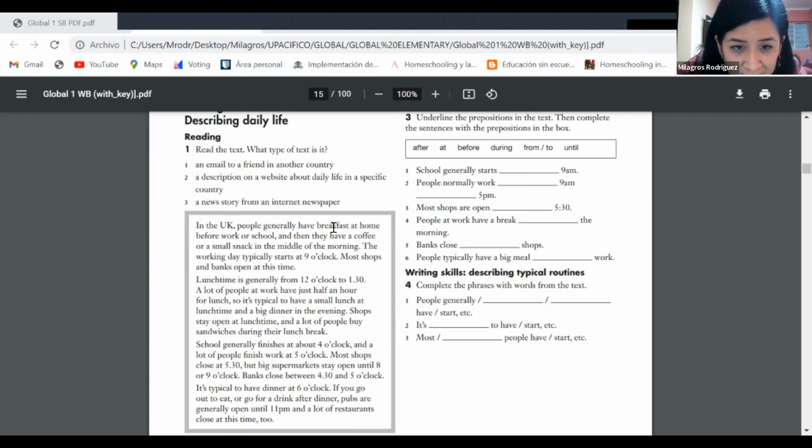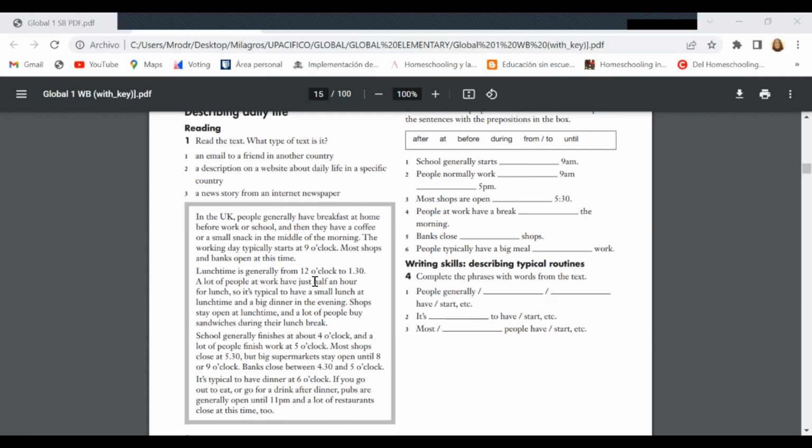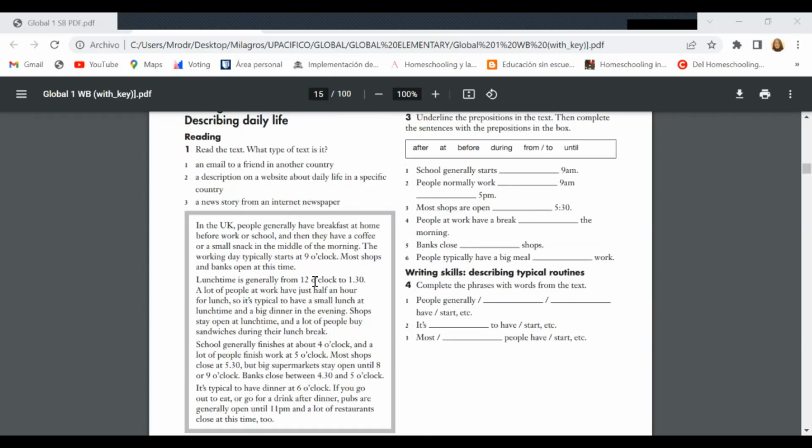School, working. People generally have breakfast at home before work or school. Entonces, school generally starts before 9 a.m. Ya. Before 9 a.m.